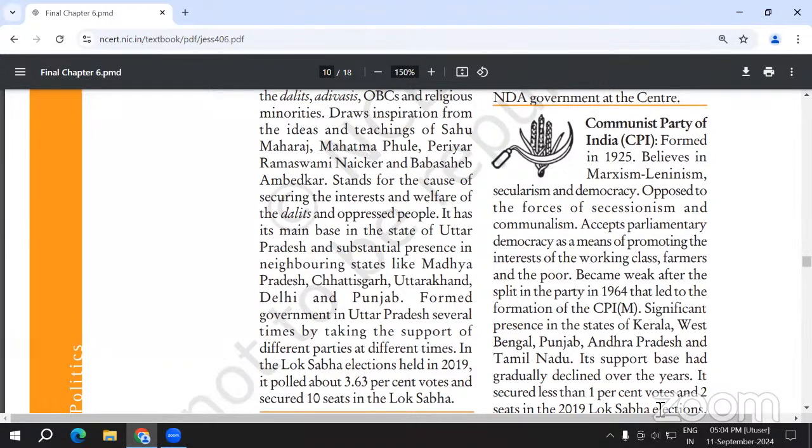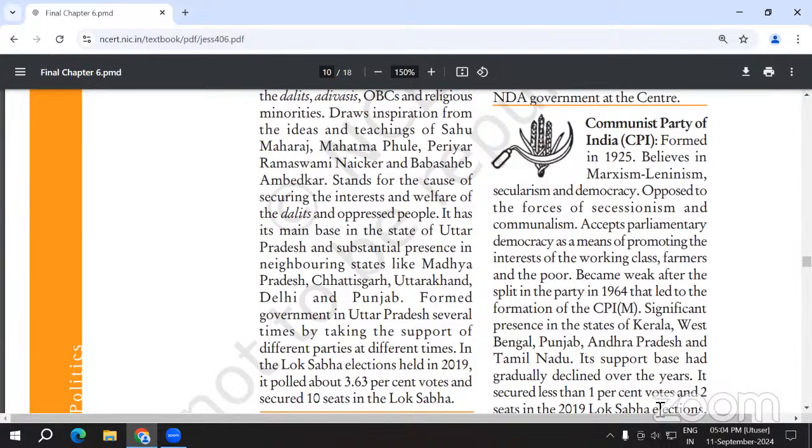And on that basis, at that time the Indian national movement was at its peak. So with these socialist ideas, a party was formed, and that party came to be known as the Communist Party of India. So it is also one of the oldest parties. But afterwards, it was broken into the Communist Party of India and the Communist Party of India Marxist. Okay, that we will study.